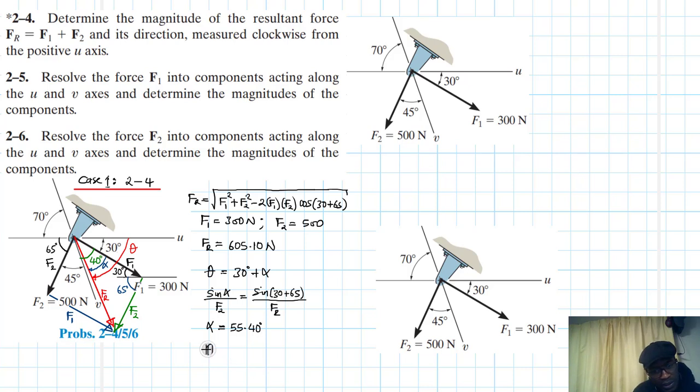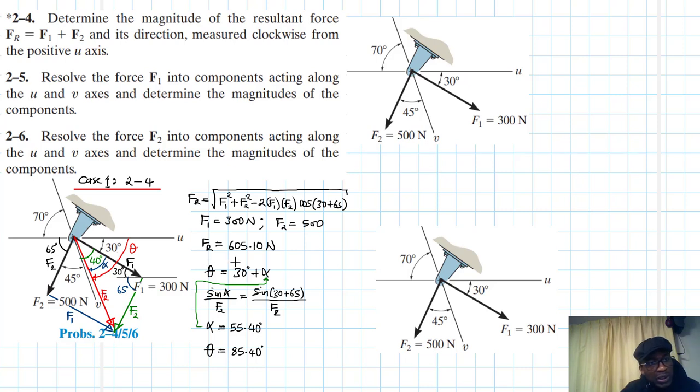Therefore theta is just going to be equal to 30 plus 55, which just gives us 85.40. Okay, because we're just feeding this here, and then we find our theta. Great. So we are done with the first case.